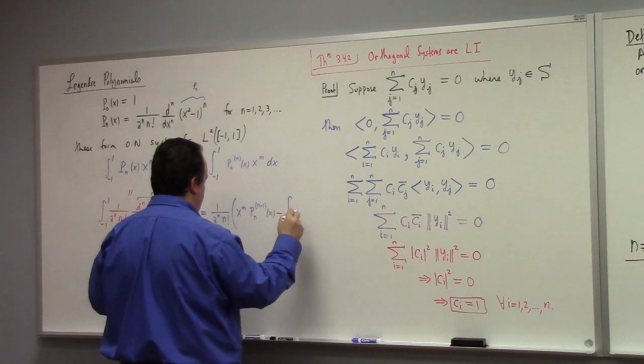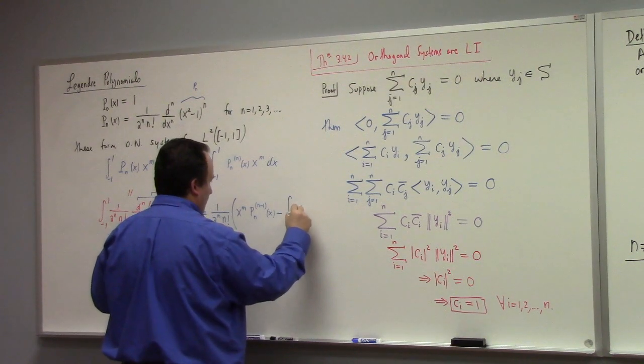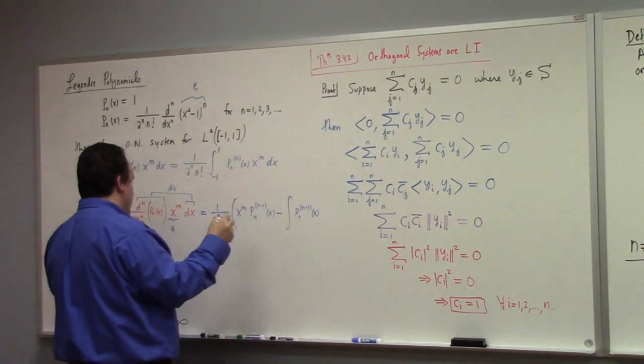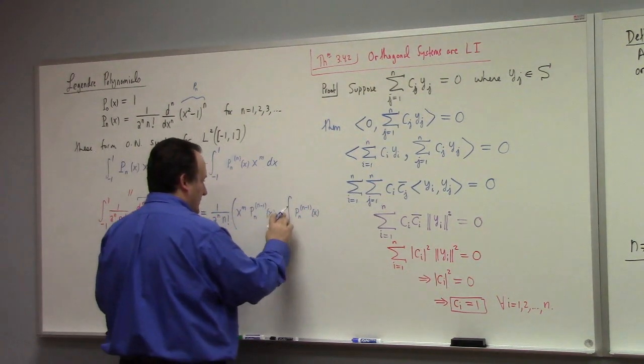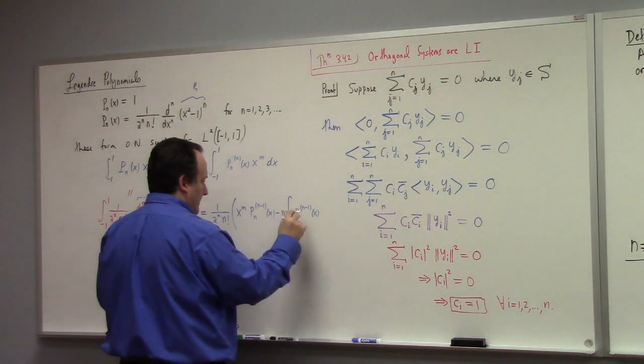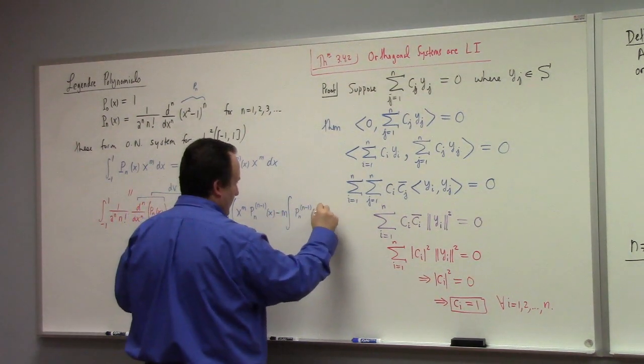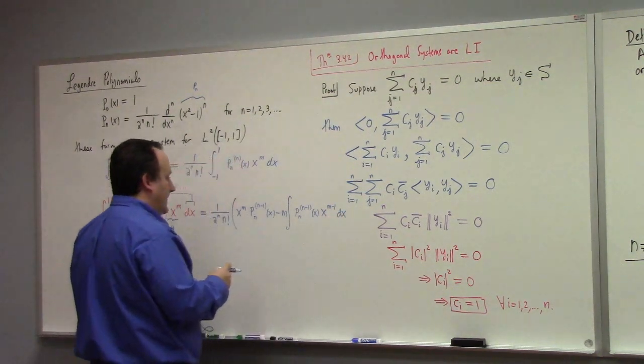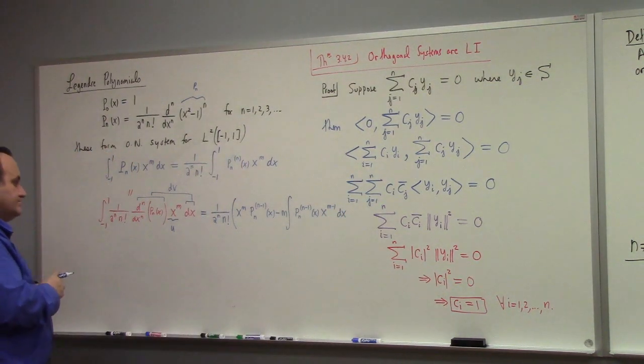So that would be P n, n minus 1, of x. And then the du would be m times x to the m minus 1 dx. But that first part is evaluated from negative 1 to 1.